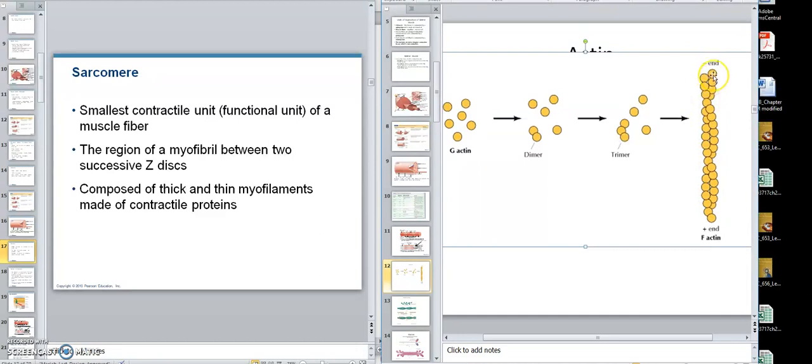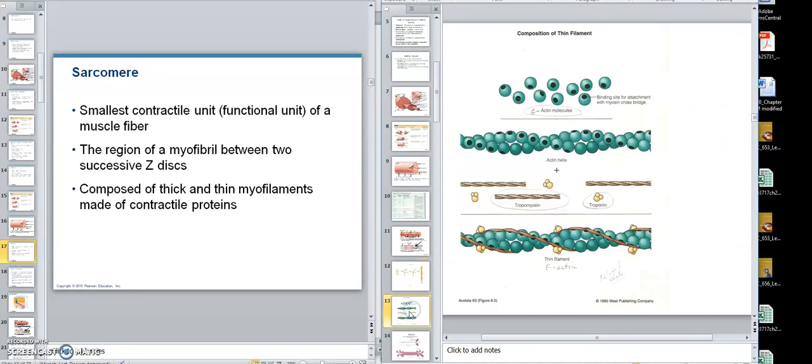Now I want to go back to the G-actin because we're going to need it. On every G-actin, there's going to be a little dot. Now you have to really go back and forward on this. And this dot is called the binding site. Right here, this dot, which is on every G-actin, is the binding site for myosin.